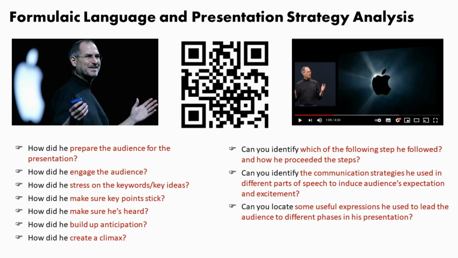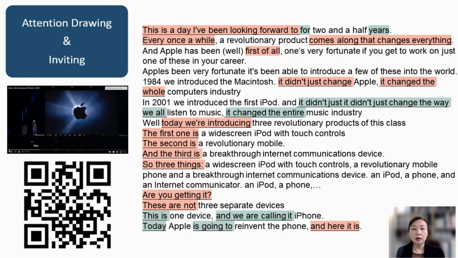In my class, students chose Steve Jobs as the presentation model. When we look closely at his speech, we can see that he used a lot of formulaic expressions in his presentation. "Today is a day I've been looking forward to." This is an attitude, a stance. Or "The first one is, the second one is, and the third one is," so three things.